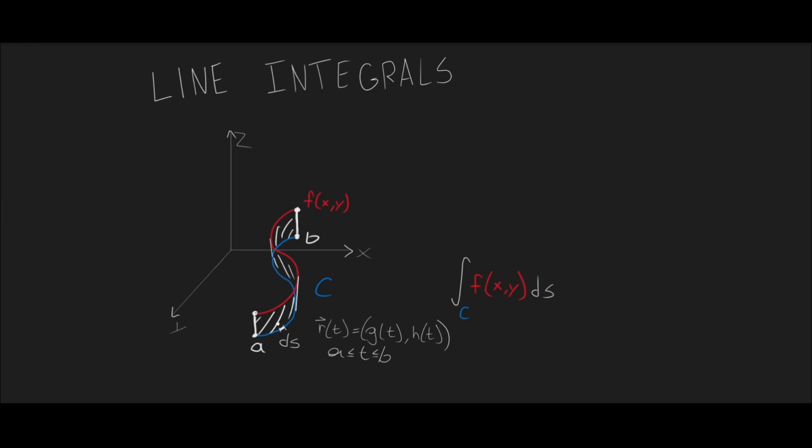And you can think of ds as a small arc length of the curve. So to find the arc length, we need to take r prime. So ds is going to be equal to the magnitude of r prime of t dt. And so this is what we're going to use in the integral.